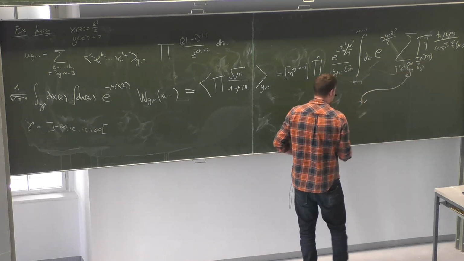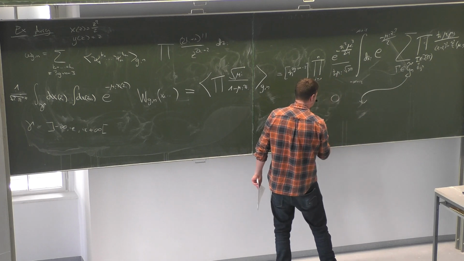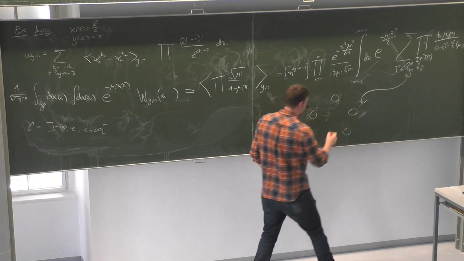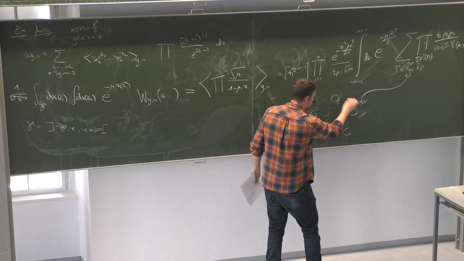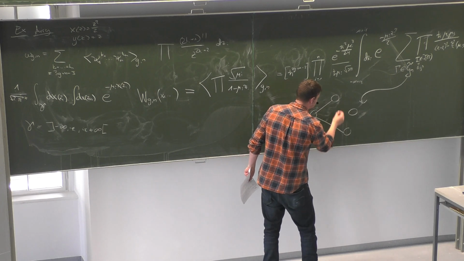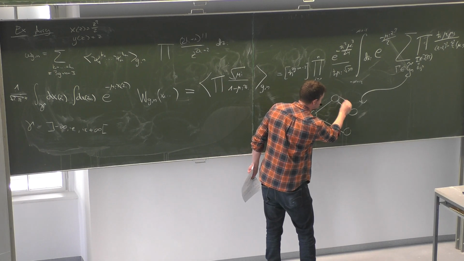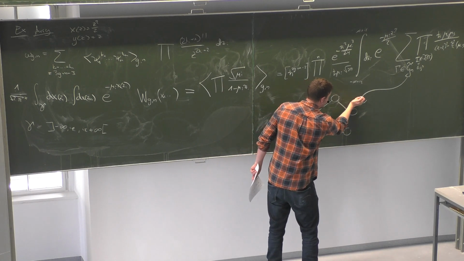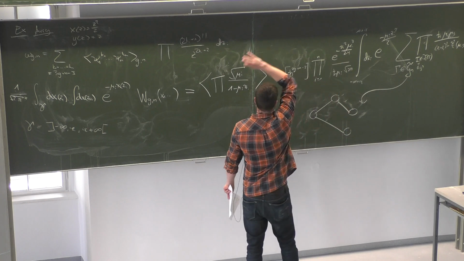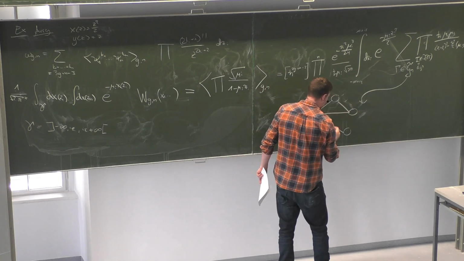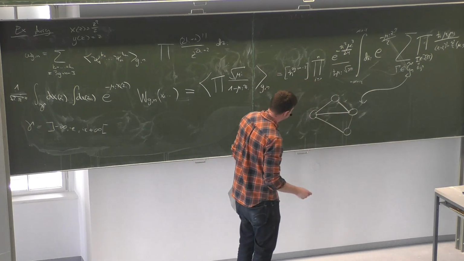The set of graphs is essentially where you have n vertices and you connect them with at most one edge, so this is not allowed because we wrap everything in this exponential, but such kind of things are allowed.